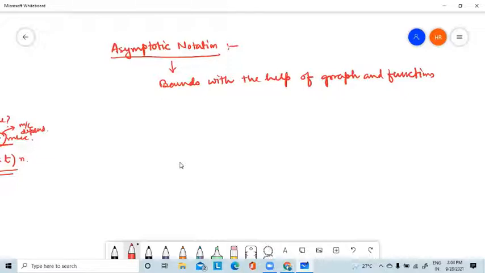Now, if we think that the runtime of an algorithm is an input to a function, suppose I have a function f, and the inputs to the function are, say, x and y. What is the meaning of x? The meaning of x is the number of inputs in the algorithm, and y is the number of output values in the algorithm.